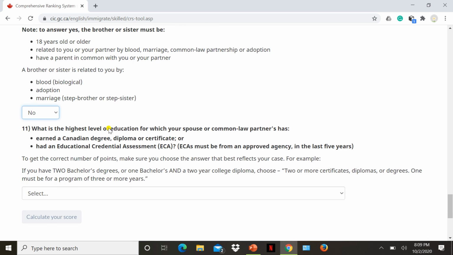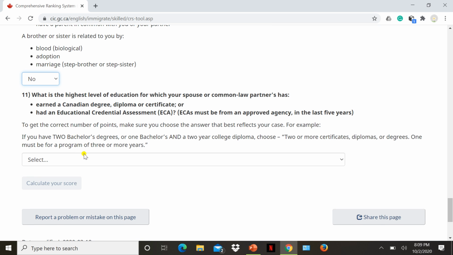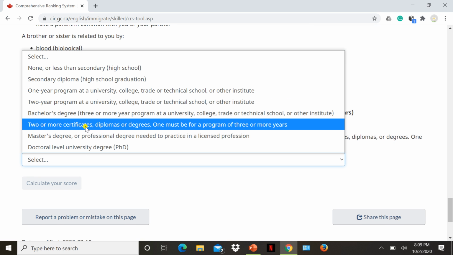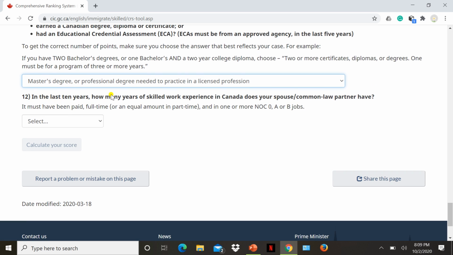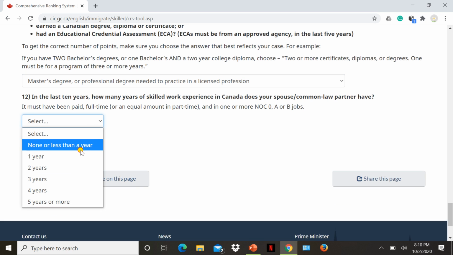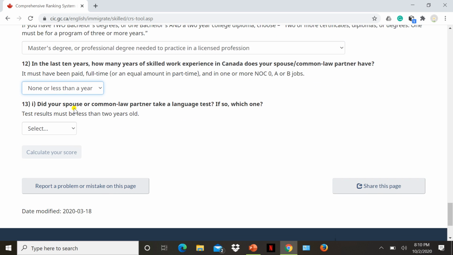What is the highest level of education your spouse or common law partner has? Here there are again two options, and in my case it is a master's degree. In the last 10 years, how many years of skilled work experience in Canada does your spouse have? It is none. Did your spouse or common law partner take a language test?